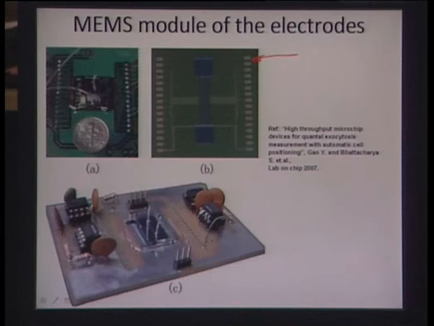Like for example, if you look at this particular chip here, and this is again an excerpt from a paper reported in Lab on a Chip for measurement of exocytosis processes in single cells essentially, and this is also an excerpt of a work that had been earlier done in our group.